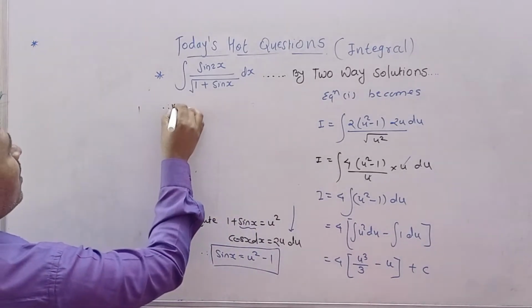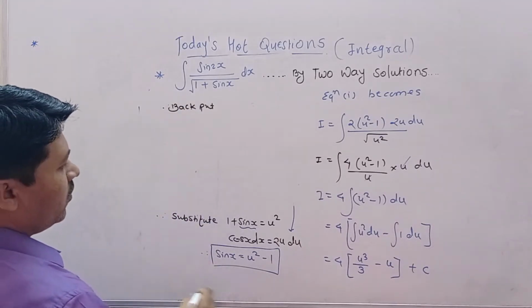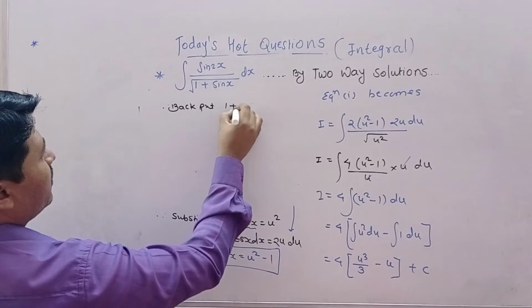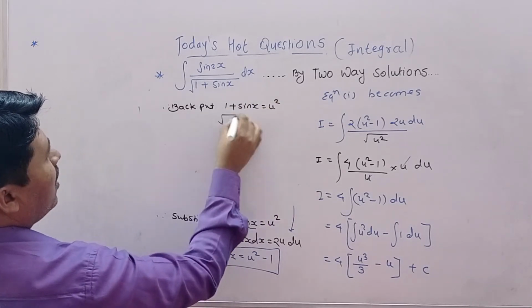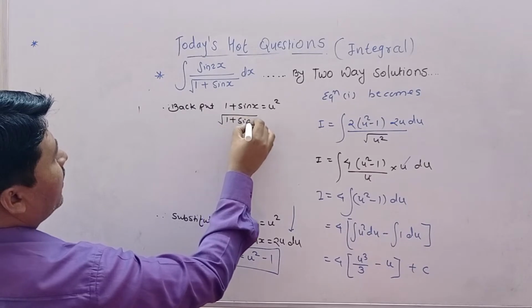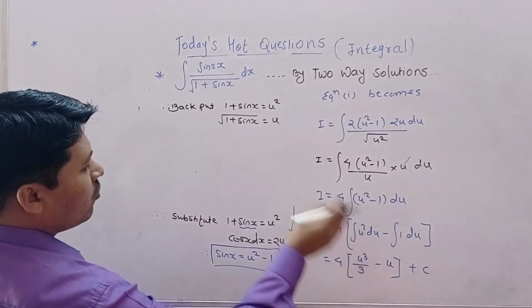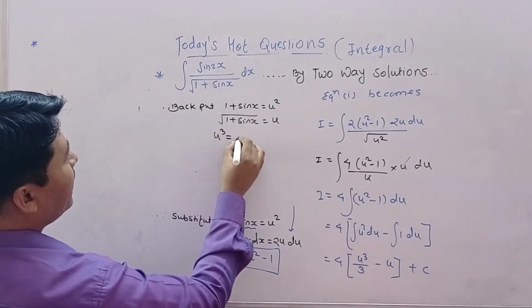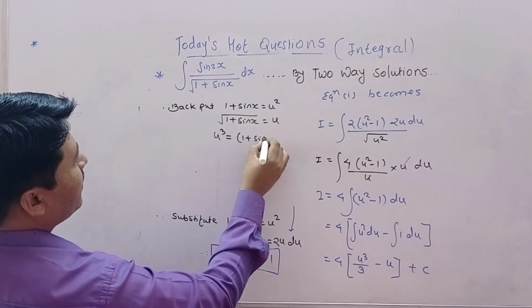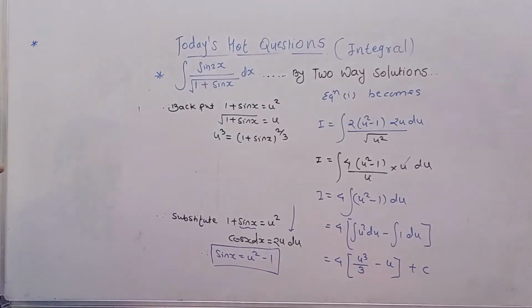Therefore, back-put: 1 plus sin x is equal to u square, so under root 1 plus sin x is equal to u. And u cube we can write as 1 plus sin x raised to the power 3 by 2.